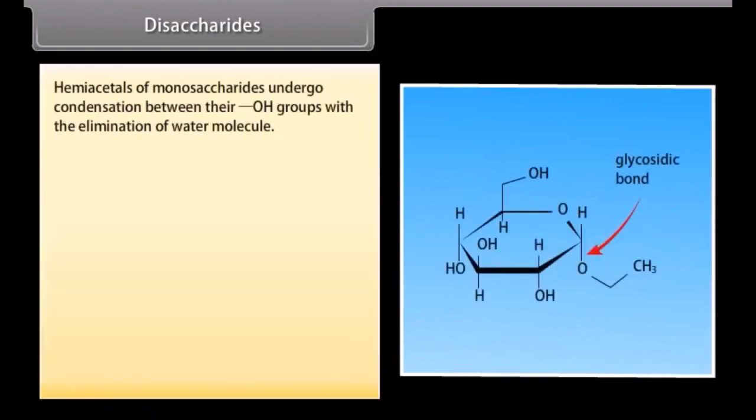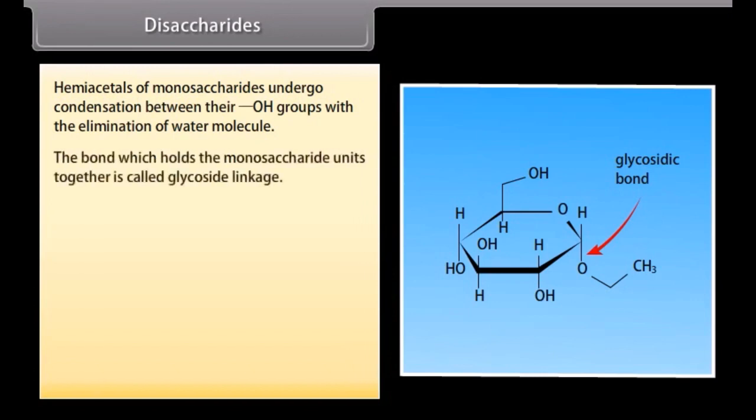Hemiacetals of monosaccharides undergo condensation between their OH groups with the elimination of a water molecule. The bond which holds the monosaccharide units together is called the glycosidic linkage.